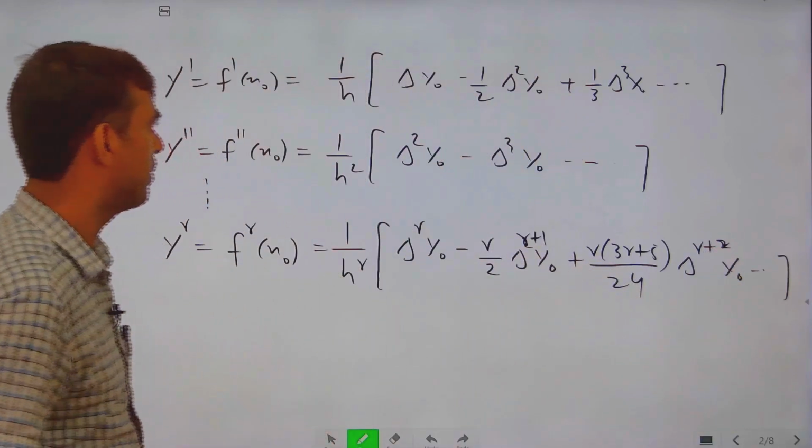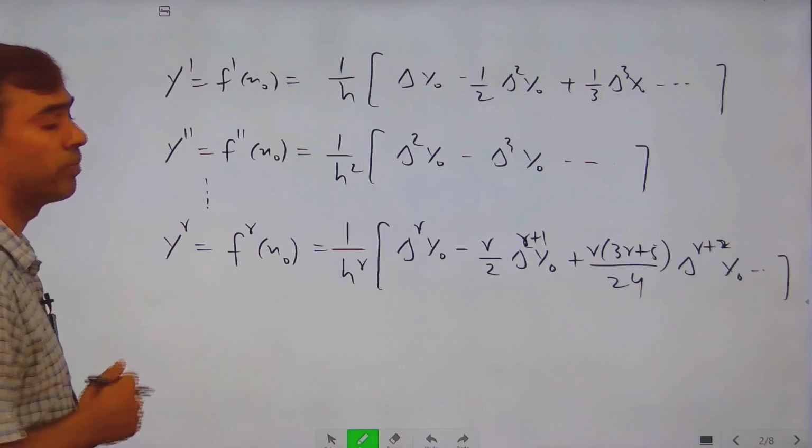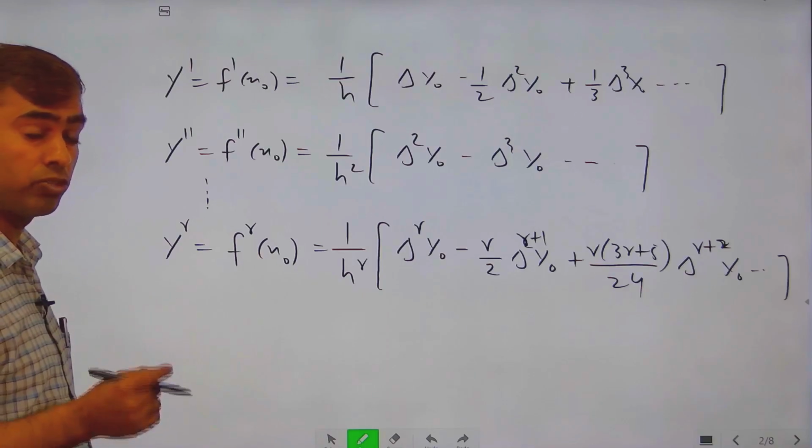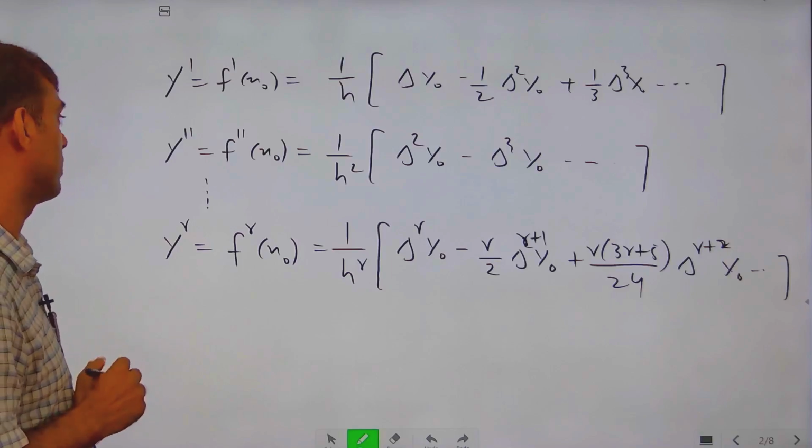Okay, this one is the derivative using the forward interpolation formula.